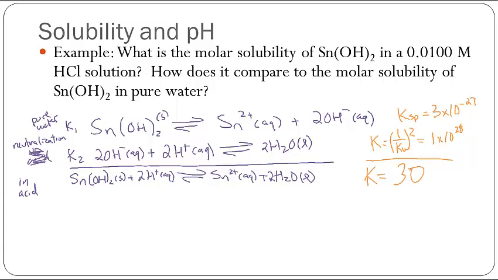So if you multiply K1 times K2 together, 3 times 10 to the minus 27 times 1 times 10 to the 28 is equal to 30.